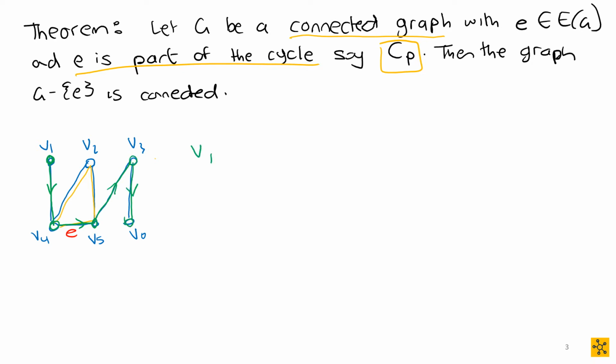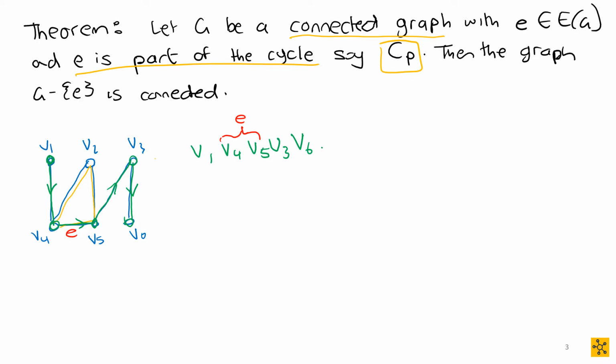We have V1, V4, V5, V3, V6. Or if we had to write all the edges in, do we want to write all the edges in? No, we don't really. But this piece here is that E.